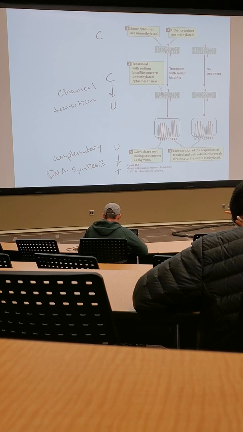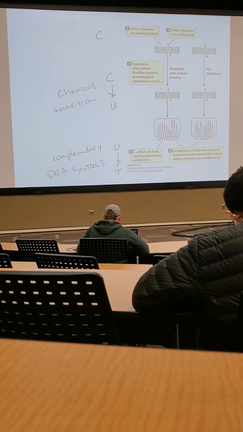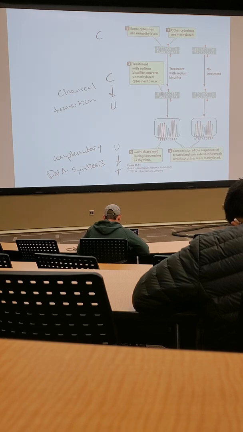You saw that in discussion last week, that you're not sequencing the original template, but you can infer something about it by sequencing the complementary template, because they're just complementary anti-parallel strands. Then you compare them.